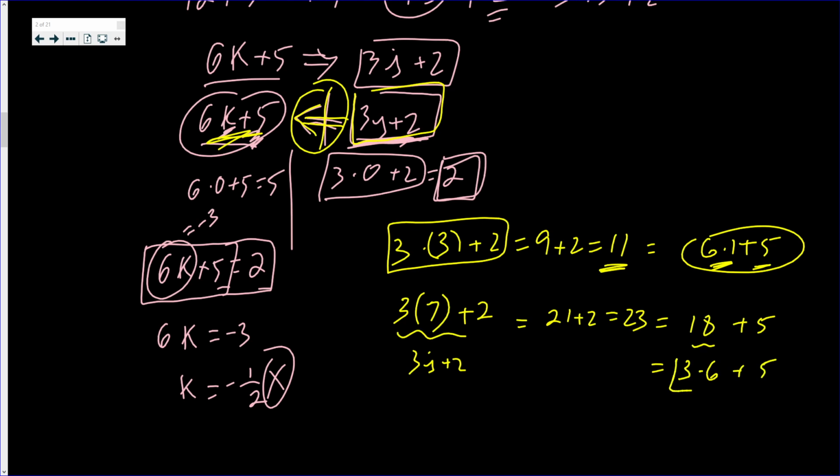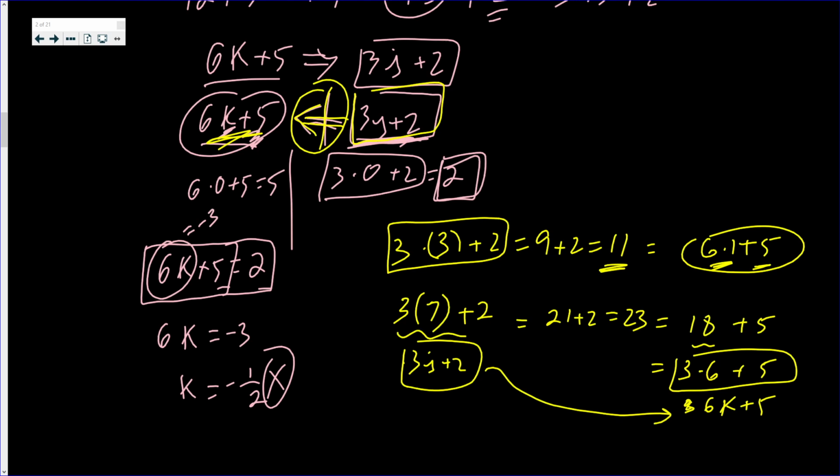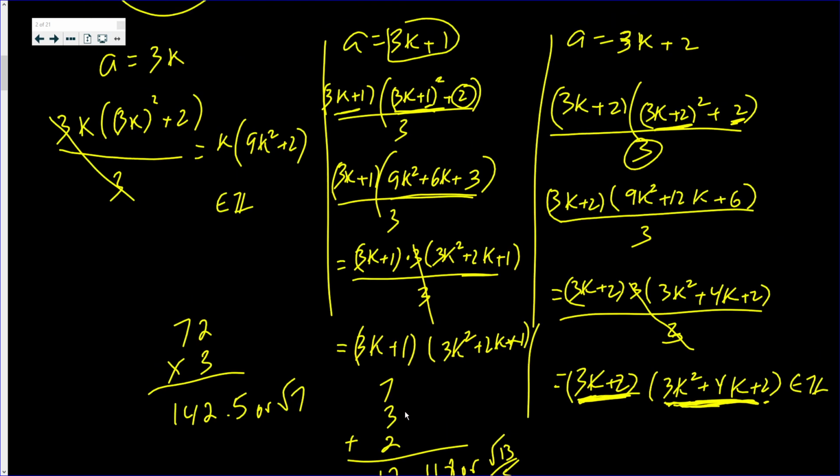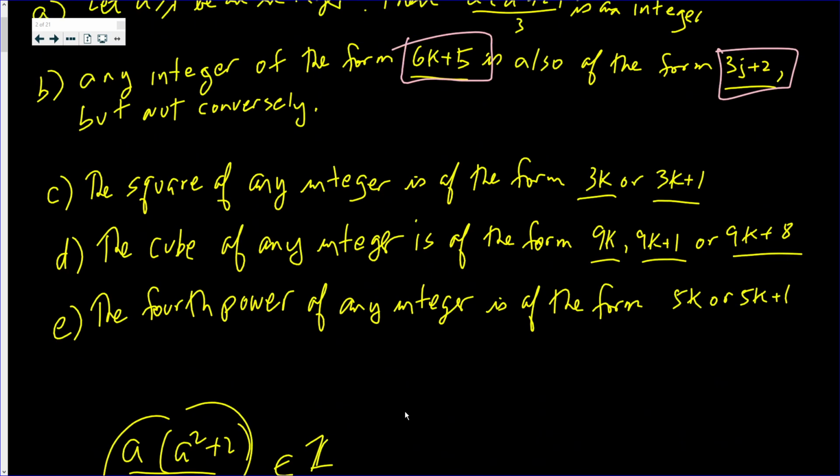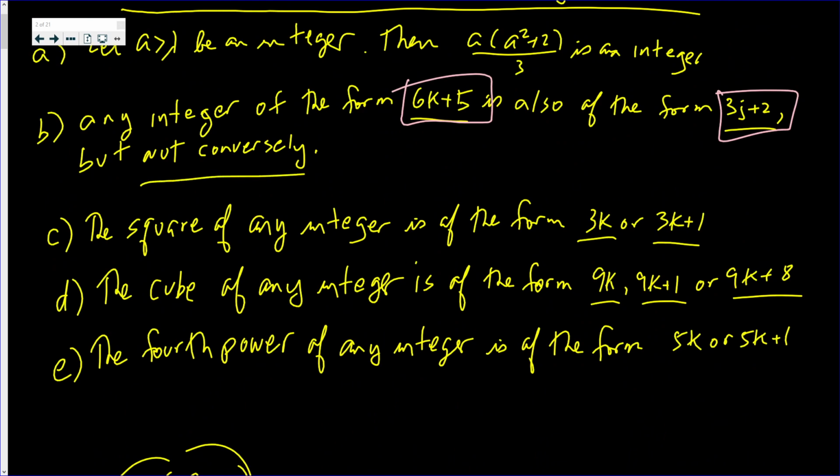So this here is of the form 6k plus 5. So sometimes if you're in the form of 3j plus 2, you will be of the form 6k plus 5, but not always. That's why it says, but not. Conversely, the converse is not true.